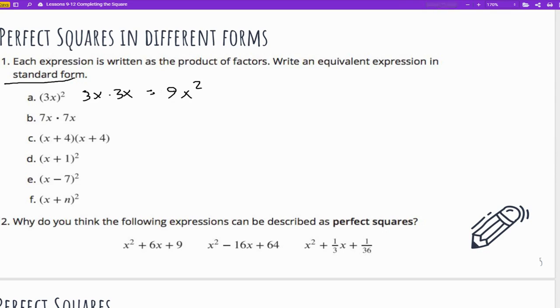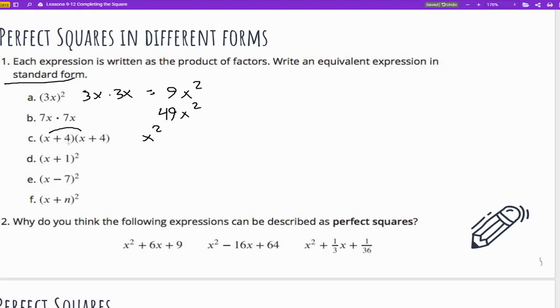Okay, let's keep going. 7x times 7x? Well, we can just multiply that together, right? We get 49x squared. Okay, x plus 4 times x plus 4. Ooh, let's do some distribution, right? x times x, so I get an x squared.